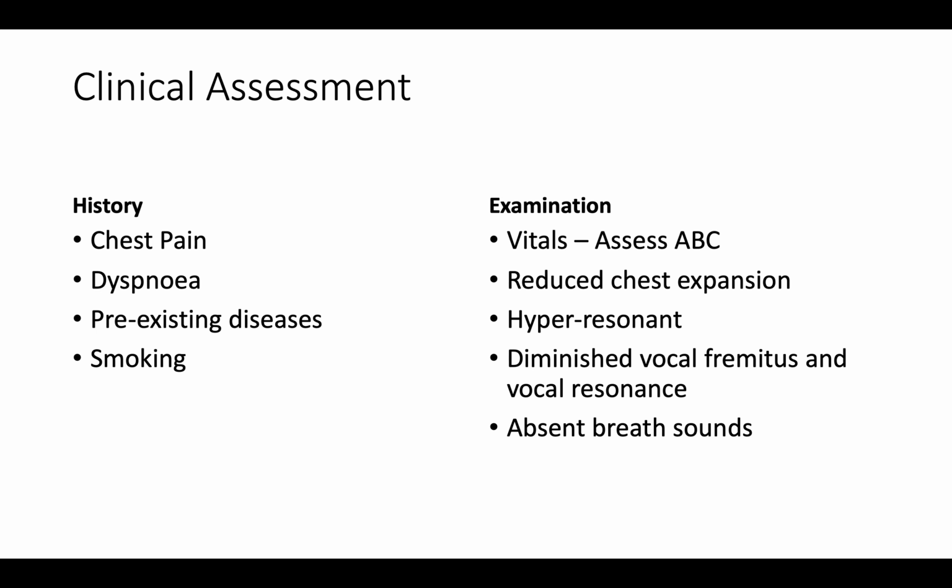Vocal fremitus and vocal resonance are diminished on the affected side, and on auscultation, breath sounds are usually absent. Among these, absent breath sounds and a hyperresonant percussion note on the affected side are the two most important clinical signs that help in establishing the diagnosis of pneumothorax.